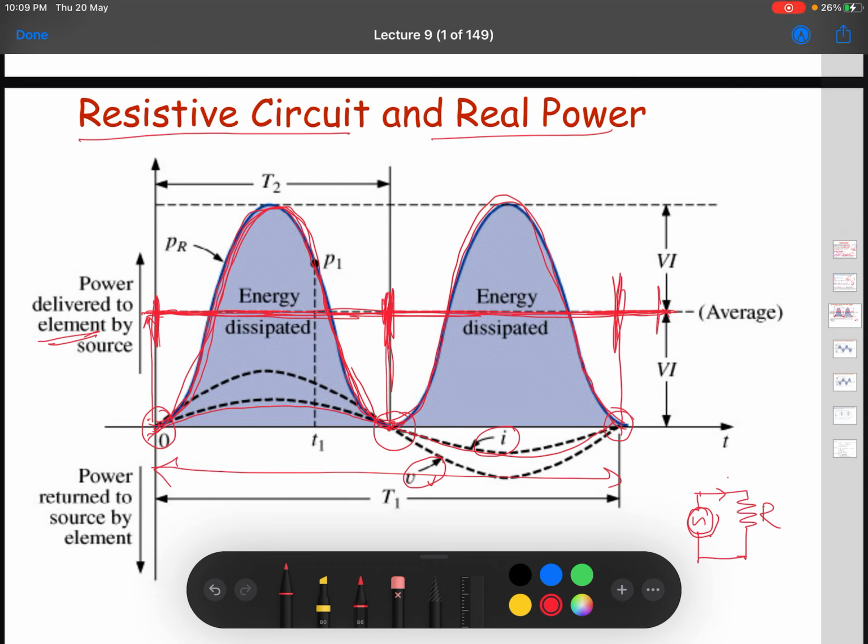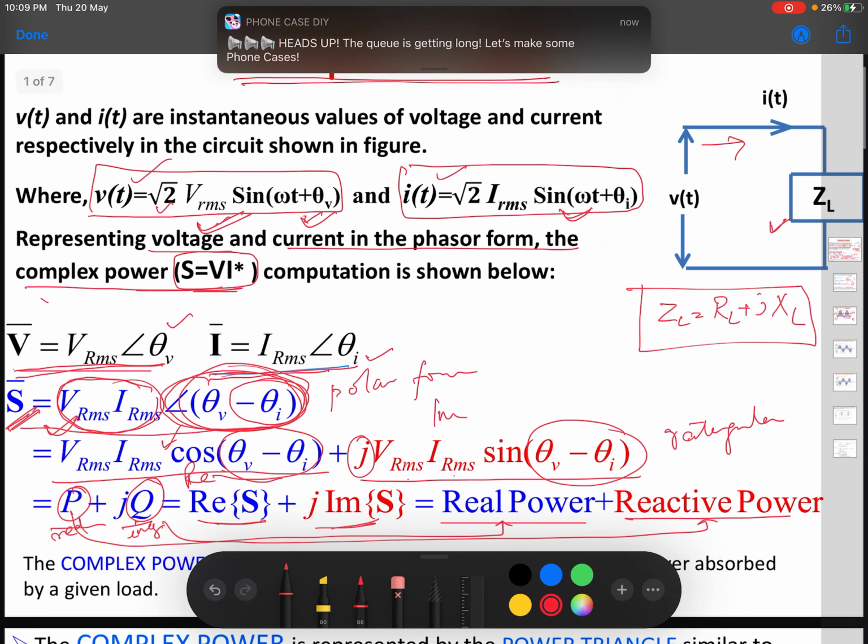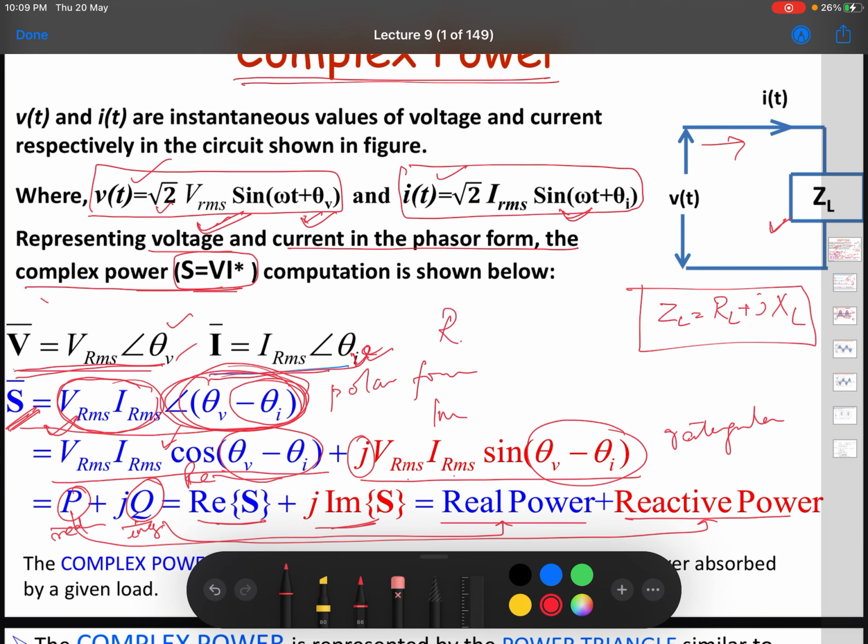This much amount of power is always flowing, and it comes out to be V into I into cos phi, and it will always be a real part. You will not find any reactive part. So if you take this representation, theta v and theta i are going to be equal in the case of a resistance.